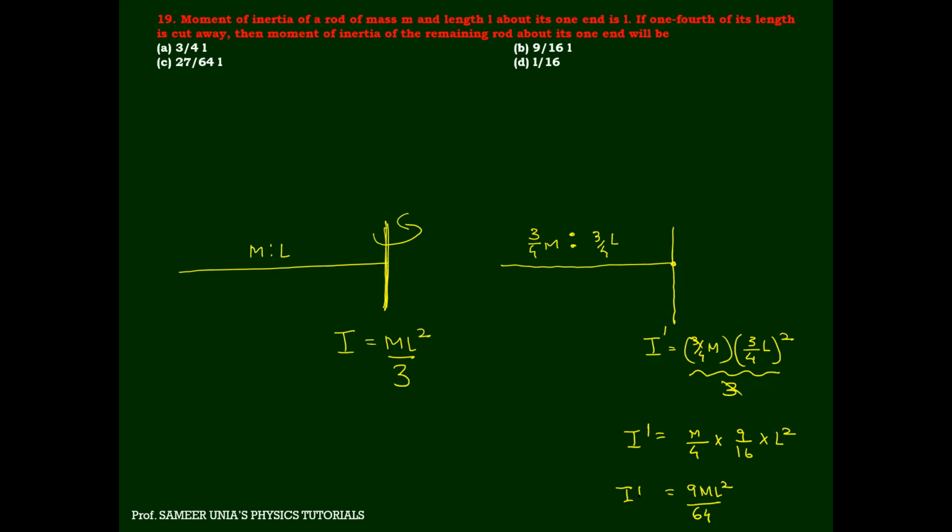But they are asking you I dash in terms of I. तो दोनों को डिवाइड कर सकते हैं, तो I dash upon I will become 9 ml square by 64 by ml square by 3. ml square वैसे ही कट गया. 3 9 3s are 27 by 64. और ये I इधर से इधर आ जाएगा, तो I dash is going to become 27 by 64 I.